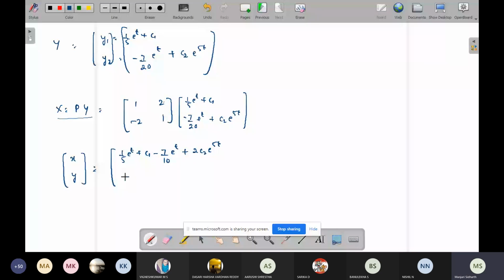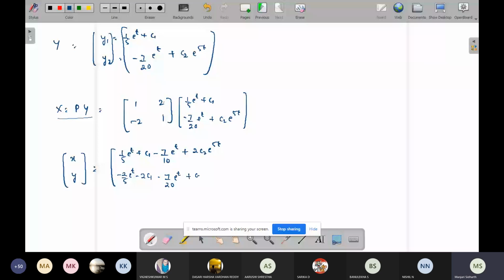Then minus 2 by 5 e power t, minus 2 c1, minus 2 then 1, minus 7 by 20 e power t plus c2 e power 5t.